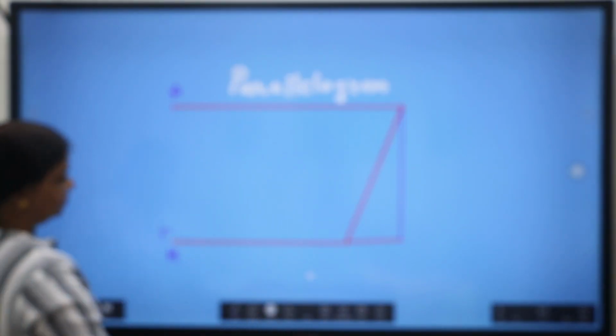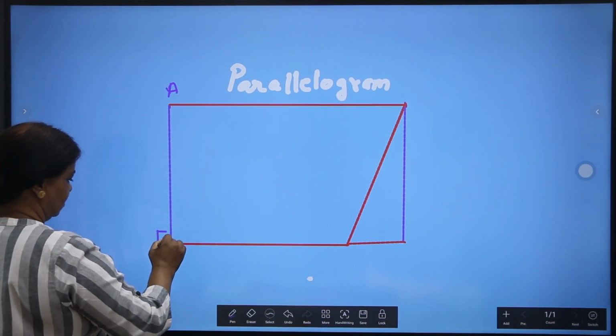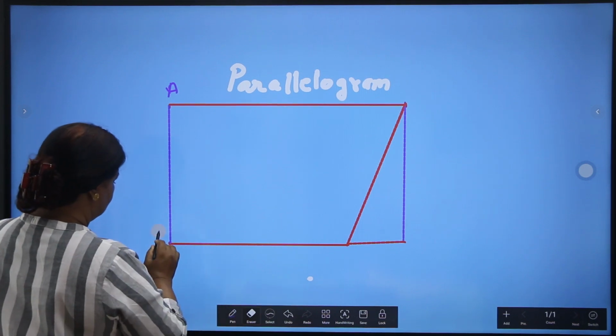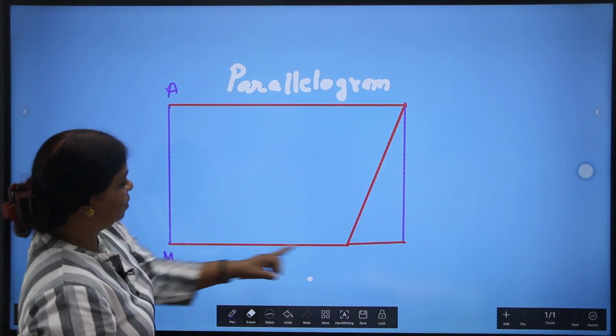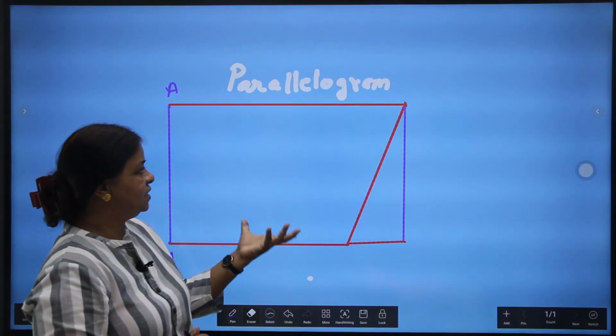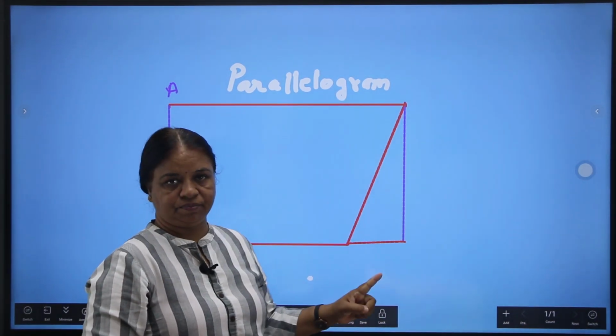You can see here, and if I draw a line here, what can you say about this figure? We can say that this is nothing but a rectangle.